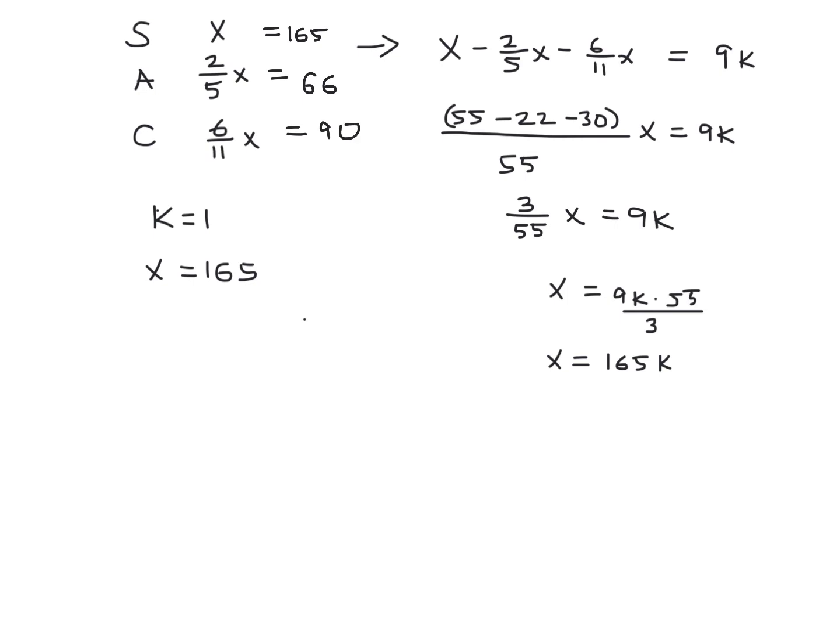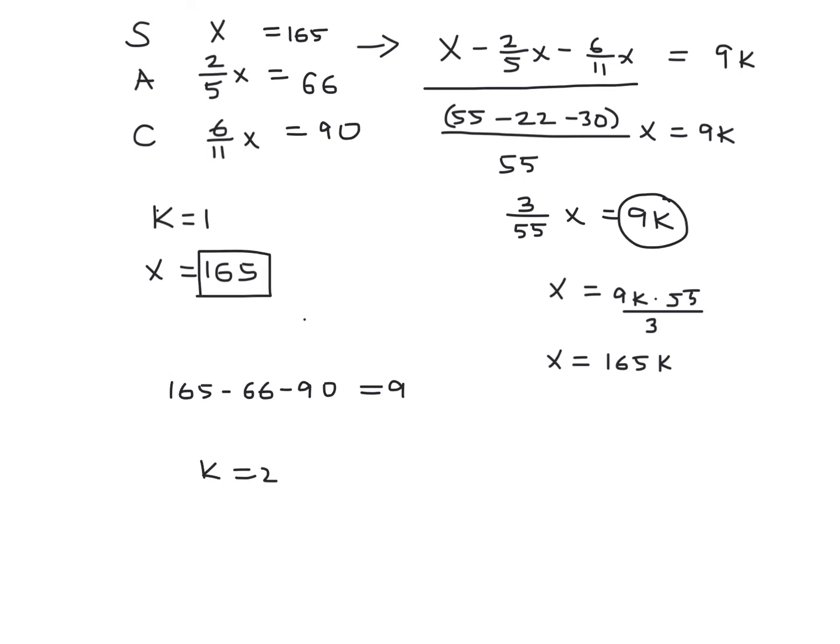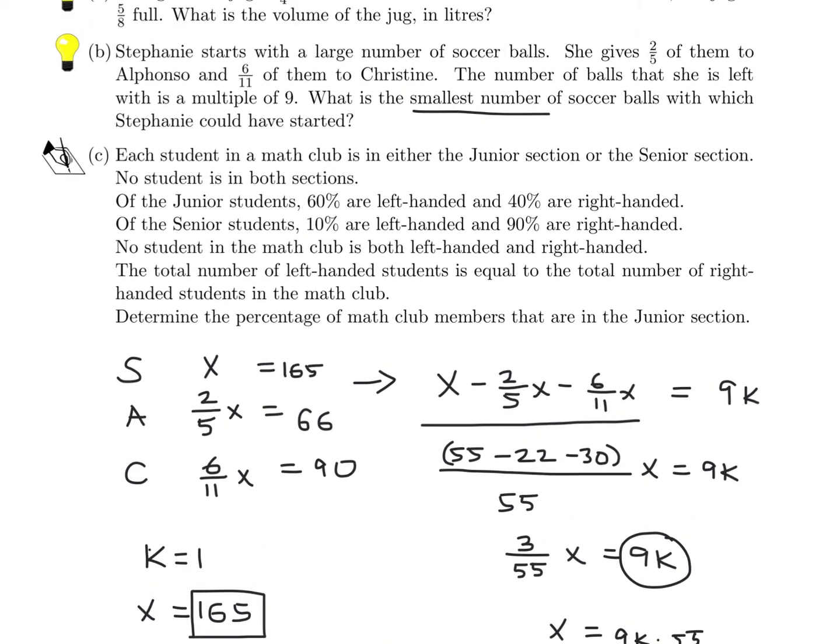So therefore, this guy over here would basically be 165 minus 66 minus 90, which is equal to 9. And 9 is indeed a multiple of 9, obviously. So there you go. That would be, therefore, the minimum value. You can keep going with k equals 2 and k equals 3 and so on, but they will give you larger values of x. And they want the smallest value of x for which this all holds true. All right.